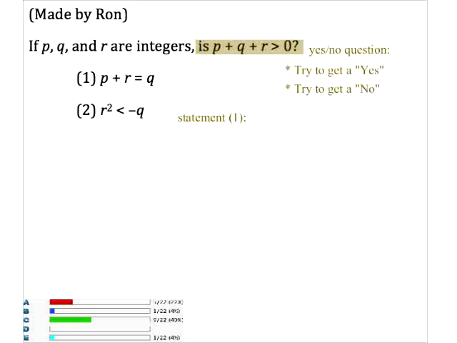P plus R has to equal Q. So can we get a yes? Well, how would we get a yes here? We could just pick 3 numbers that are what?